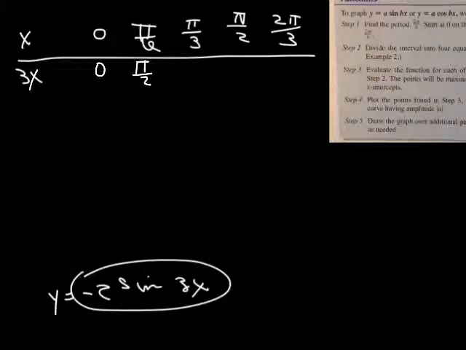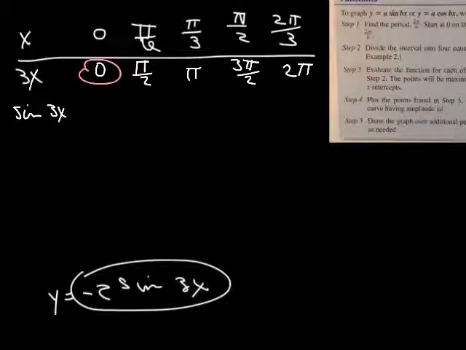Pi over 3 times 3 is pi. 3 pi over 2, and 2 pi. Okay, but that's not my y value. Now I have to take the sine of it, sine of 3x. So I take the sine of 0 and get 0. Then the sine of pi over 2 is 1, and then 0, and then -1, and then 0.